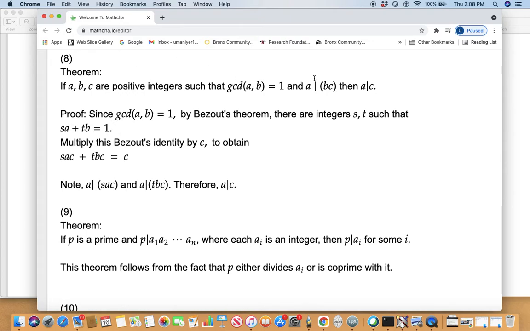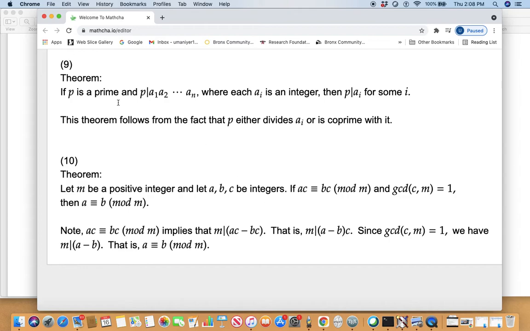Now, what do we know? a divides bc. If a divides bc, it divides tbc. a divides a, so a divides sac. So a divides sac, and a divides tbc. So it has to divide their sum. In other words, a has to divide c, which is what we wanted to prove. So that's it.